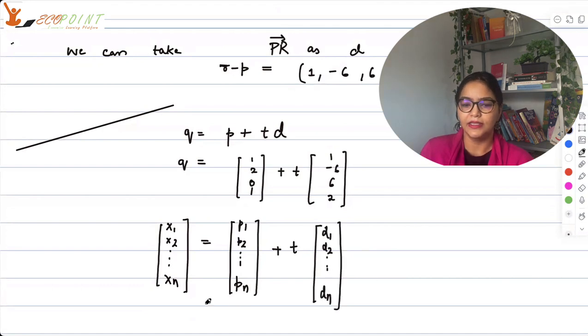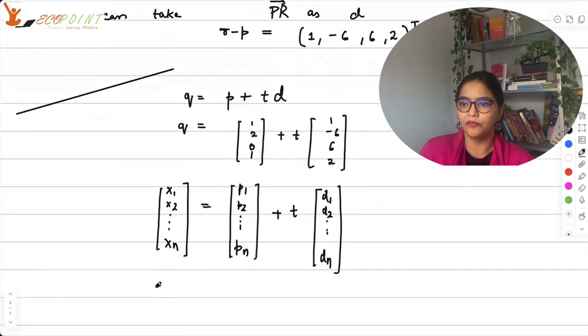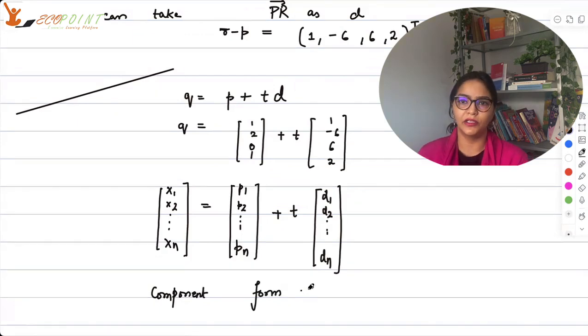This is called the component form of the vector equation.